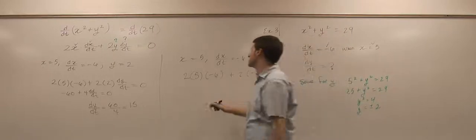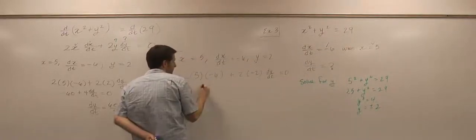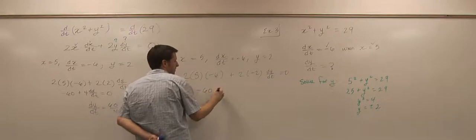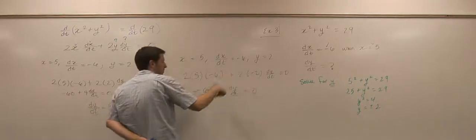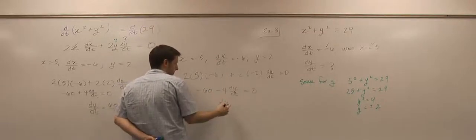So everything simplifies the same. You end up getting negative 60 minus 4 dy/dt equals 0. dy/dt equals, this time will be negative.